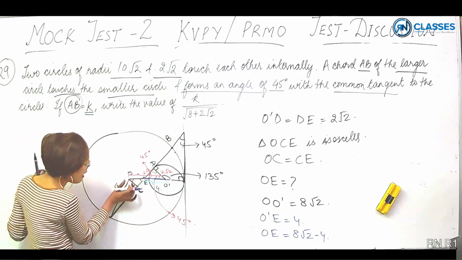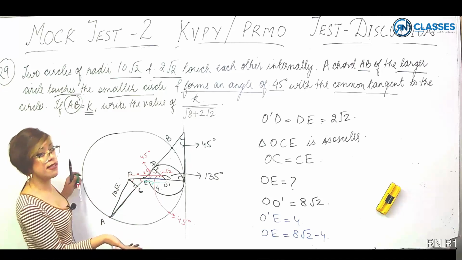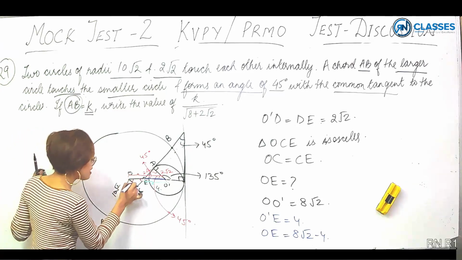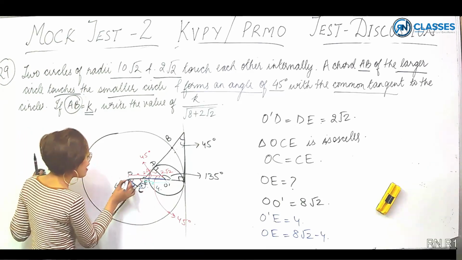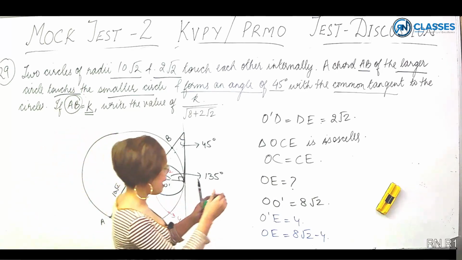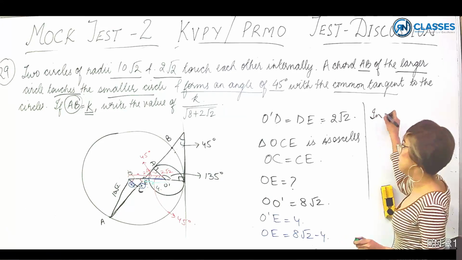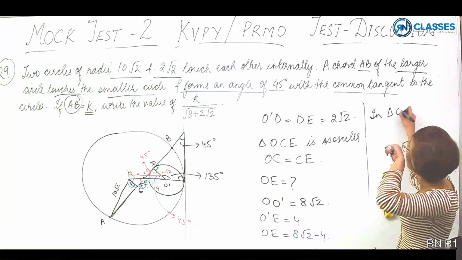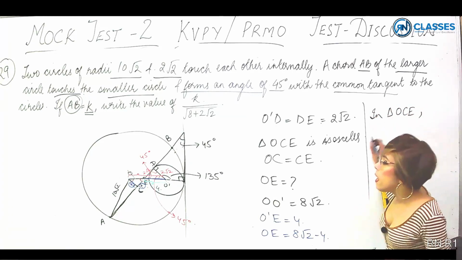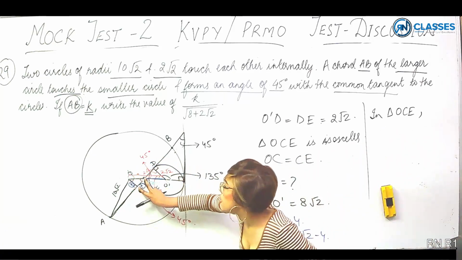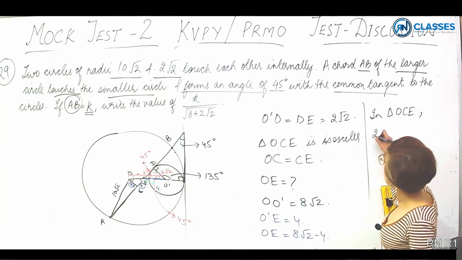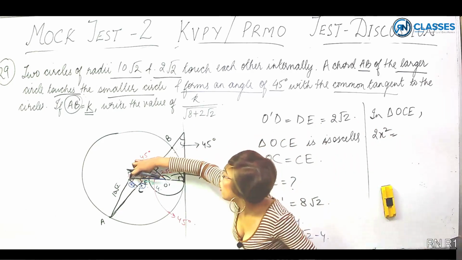I need to find OC. Why? Because I need to find the length AC. Right? So put this OC as x. In triangle OCE, just apply Pythagoras theorem and your answer will be there. After some calculation, in triangle OCE, you can say this square, which is x square, plus this square, which is x square, so 2x square, is equal to OE whole square.